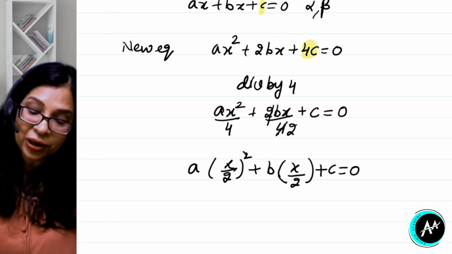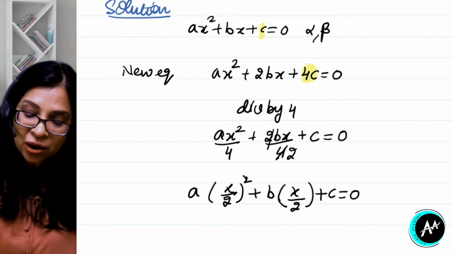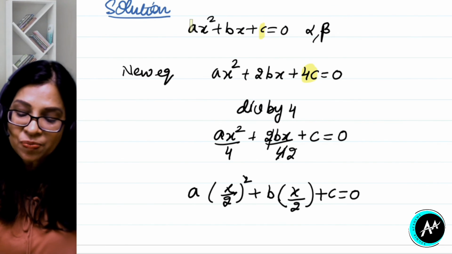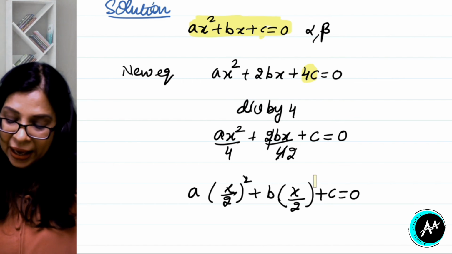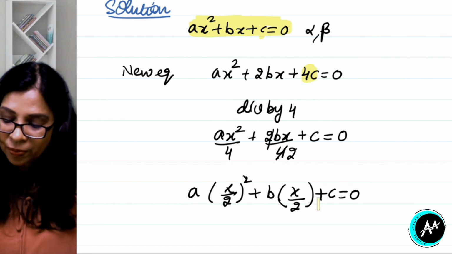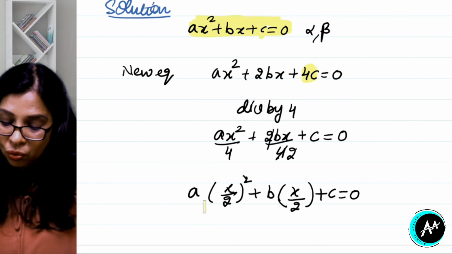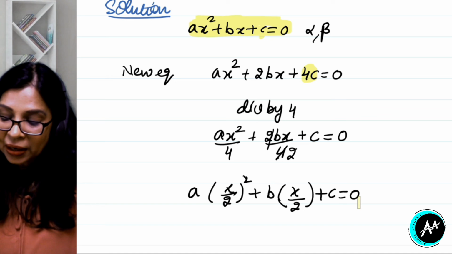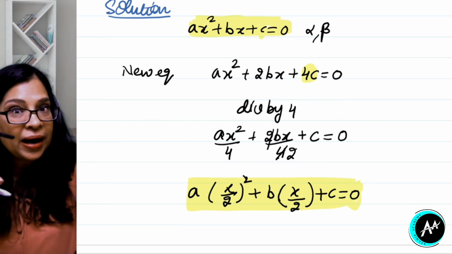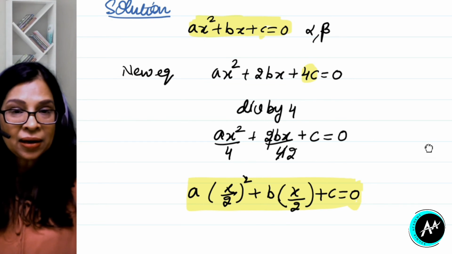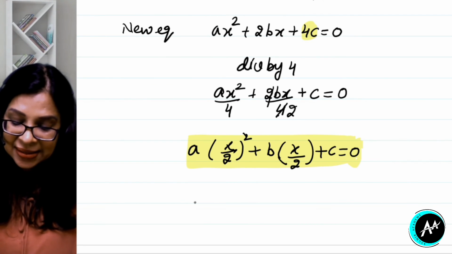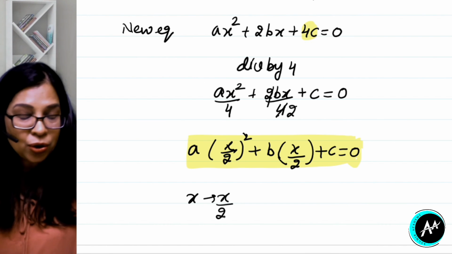Now look here carefully. This was the original equation, ax square plus bx plus c equal to 0, and the new equation is this. Now what is happening here? x is getting replaced by x by 2. Can you observe this thing? In this case, x is getting replaced by x by 2.